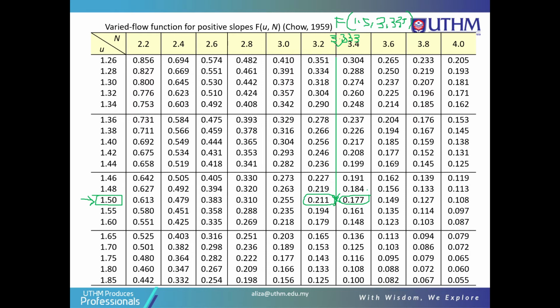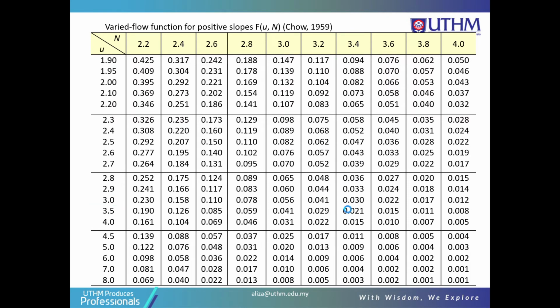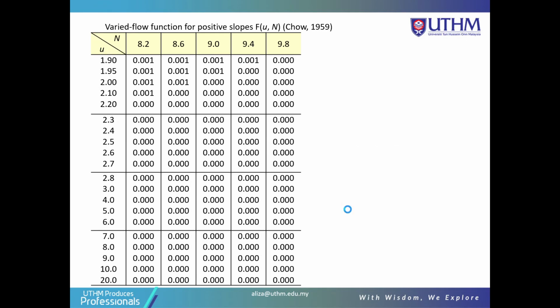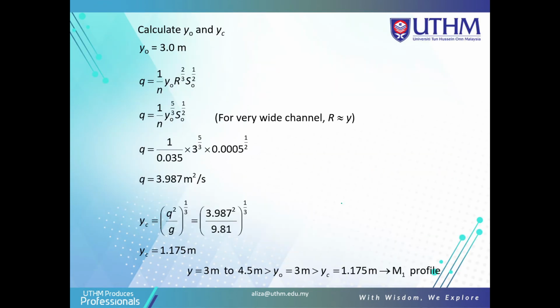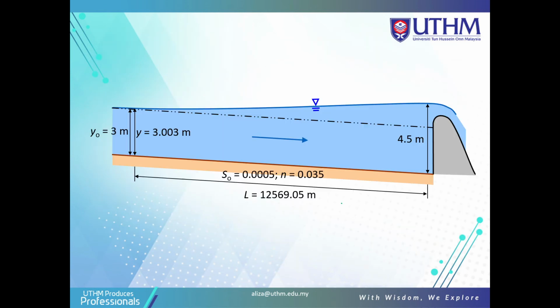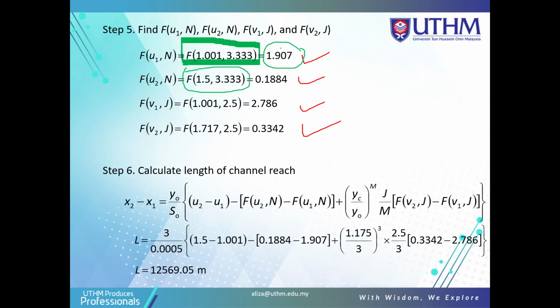So after you get the value of x here, you get the value of this one, 0.1884. And then for the F, V1 and J, you also use the same table that I show here.